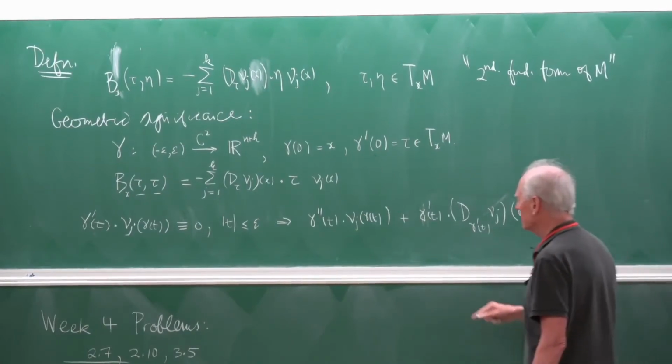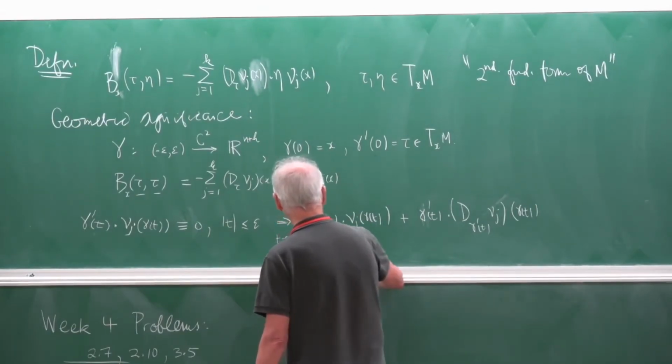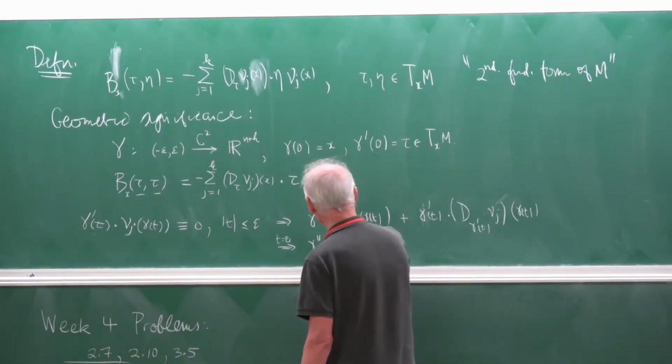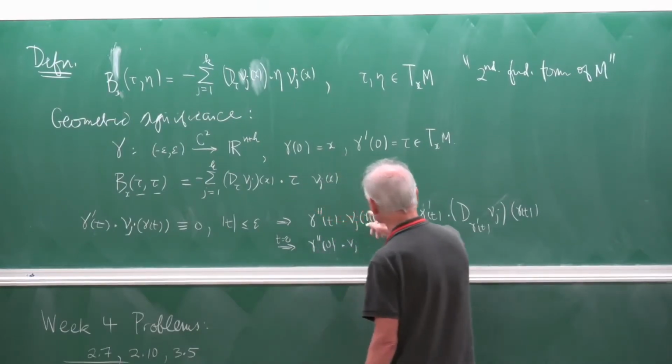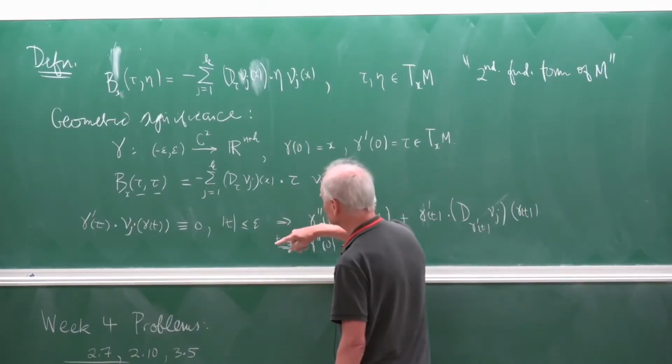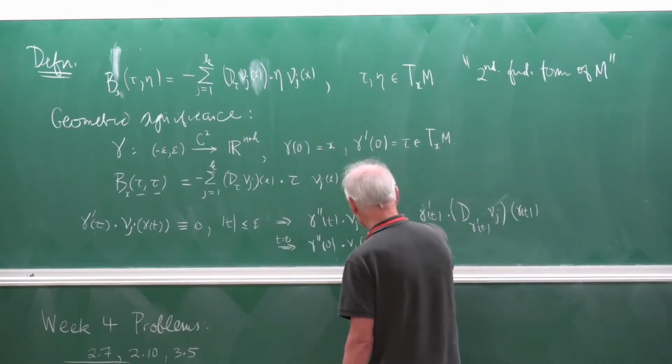And now let's take t equal to 0. Then you get gamma double prime 0 dotted with nu_j at gamma at 0, which is equal to x, so at x.